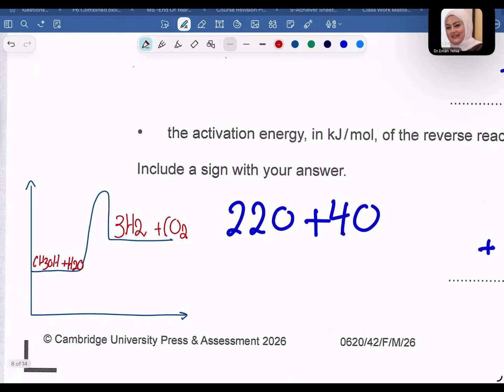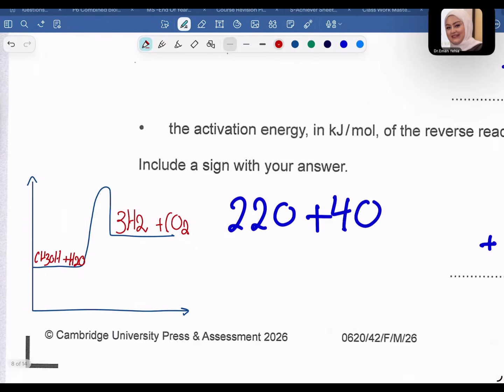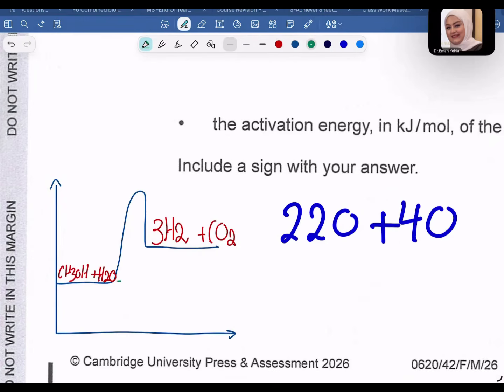So H2 plus carbon dioxide. So it's going to be the distance from reactant to the top. This distance is already given, this one is 220, and that one is 40. So add them. Okay.